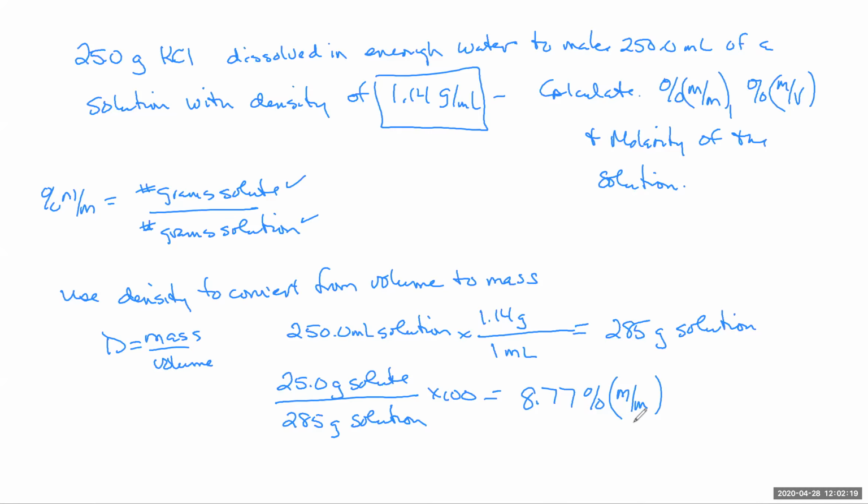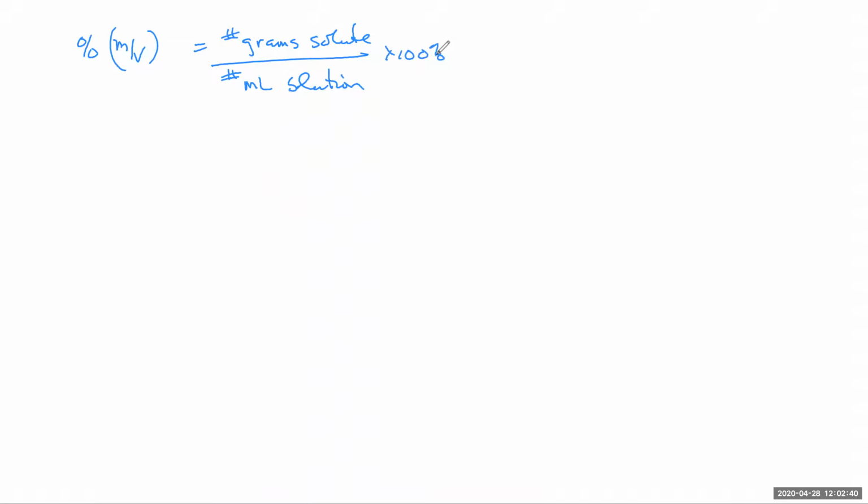So how do we solve the second one? To solve the second part of that, we're going to need percent mass to volume. This is going to be my number of grams of solute divided by my number of milliliters of solution times 100. Now this one's much easier because those things are given to us directly, right?